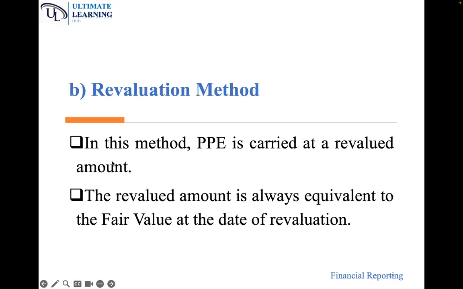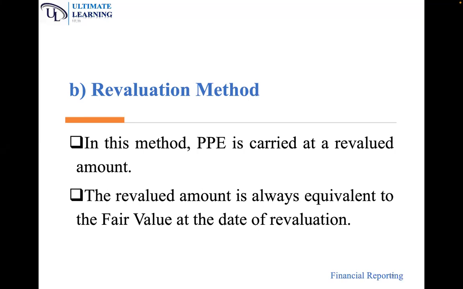Okay. Now, there is also the second method called the revaluation method. Remember, in the cost method, you take cost minus accumulated depreciation. In the revaluation method, PPE is carried at revalued amount. Revalued amount is the market value of the asset at the time of revaluation. It is the fair value of the asset at that time.